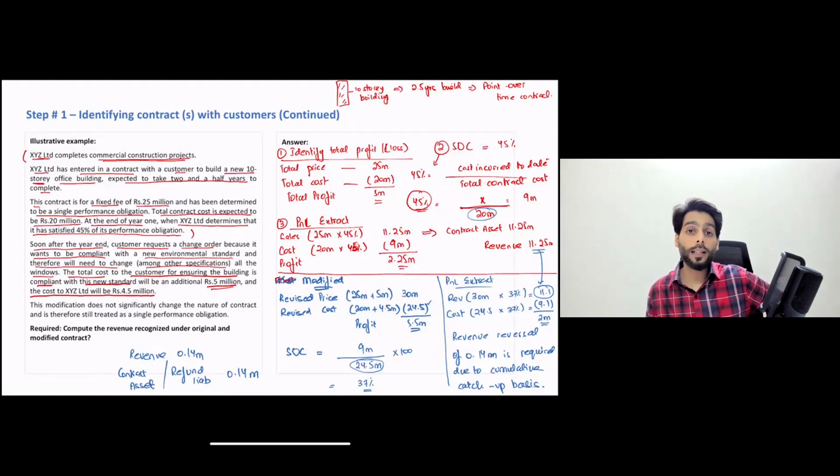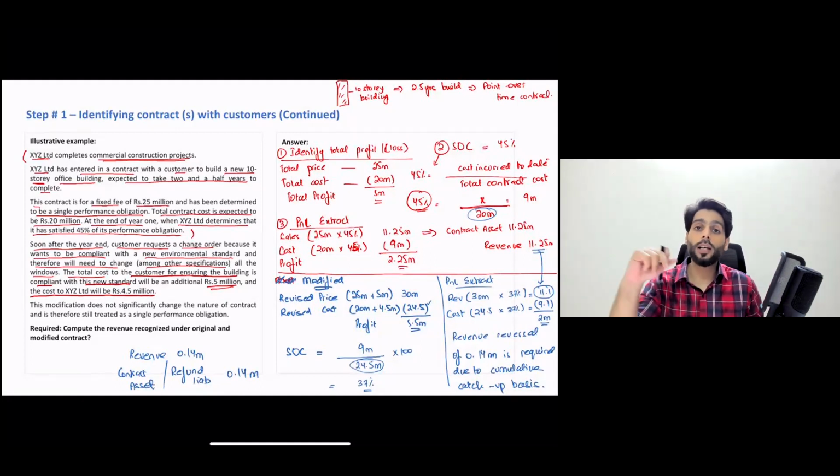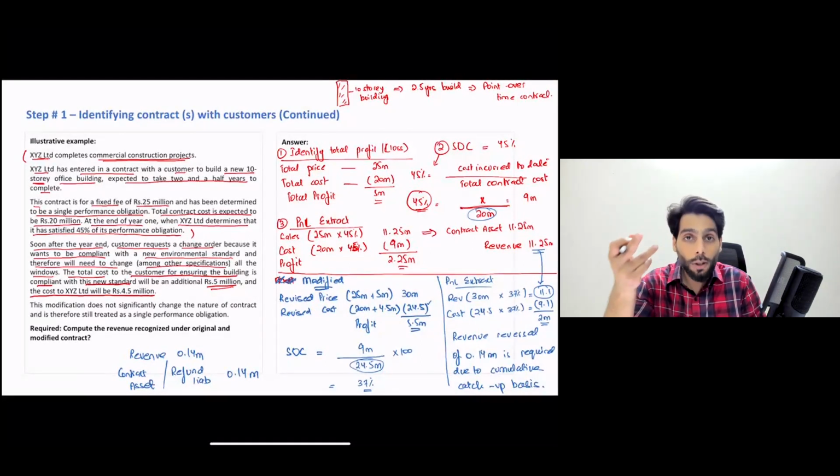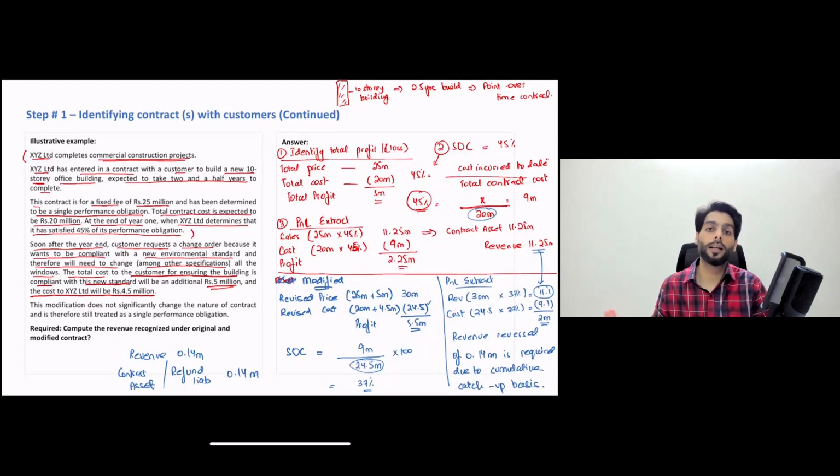If the billing has been done, then the contract asset would have been converted into a receivable. In that case, you can only credit a refund liability. But if the billing is yet to be done to the customer, it would still be a contract asset. You can directly credit your contract asset as per the situation.